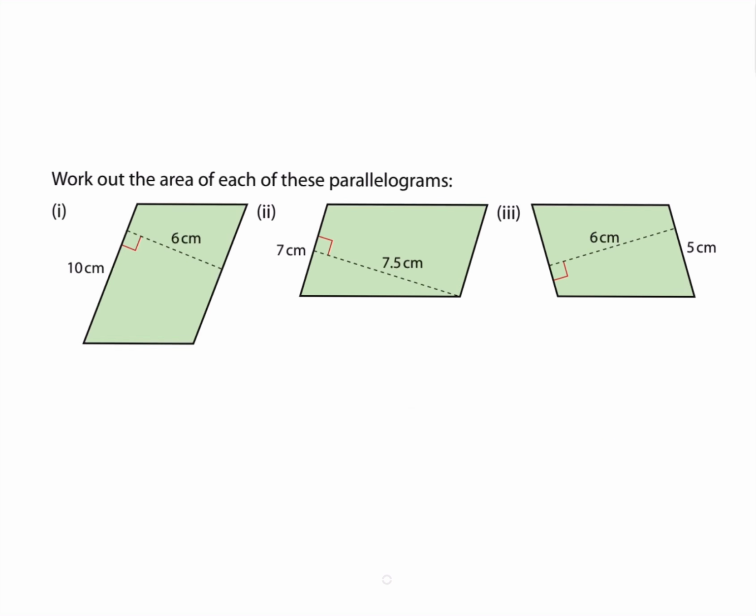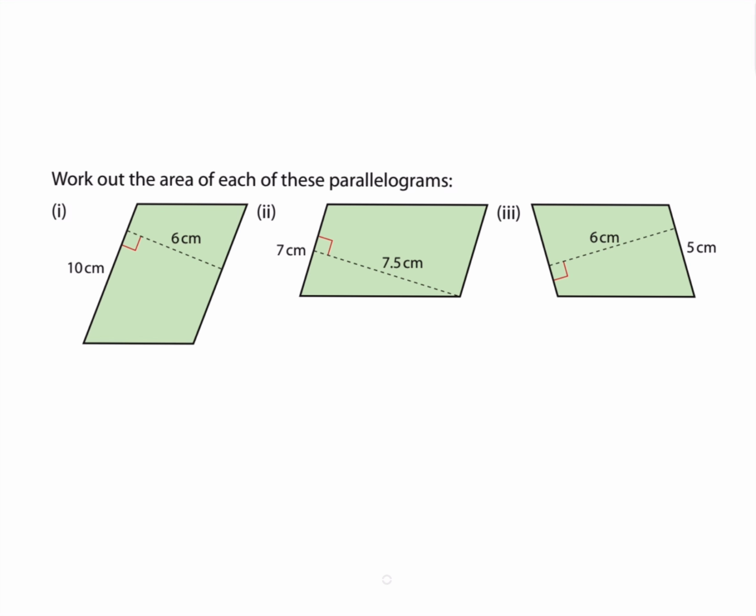Okay, a few more questions for you now. What I want you to do is try and do these for homework. They look a little bit different, okay? Because they've turned the parallelograms on their side. But it's the same thing. We just have to multiply the base by the height. So you have to figure out which one's the base, which one's the height, and then multiply them.